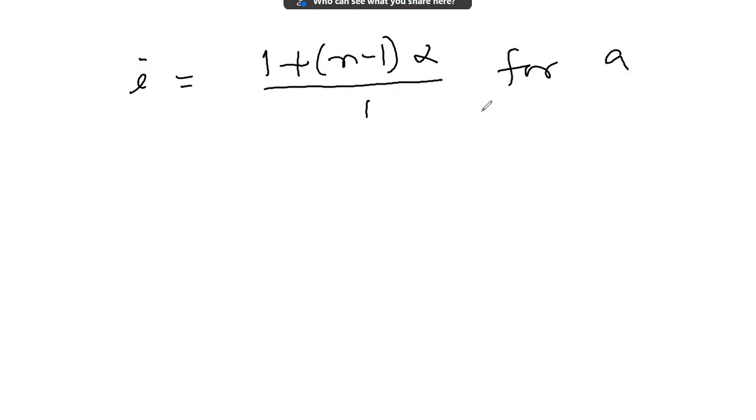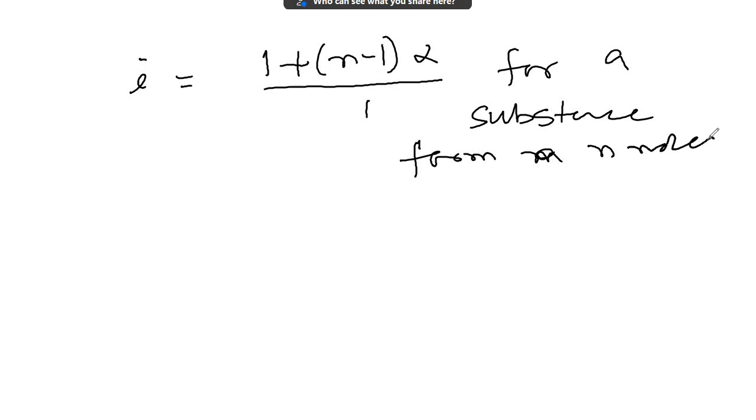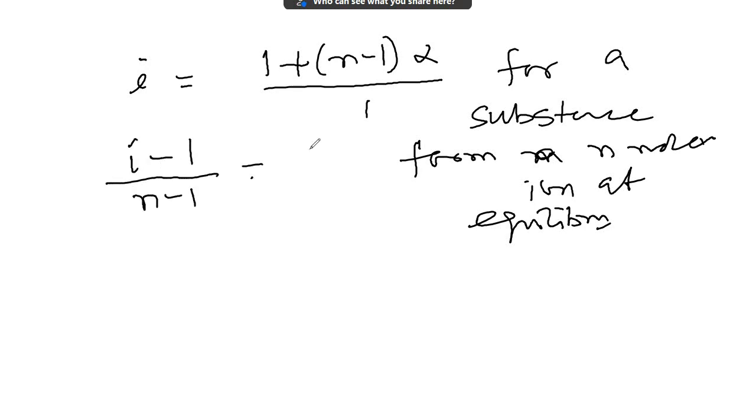If a substance breaks up into n number of mole ions, it will be 1 plus (n minus 1) into alpha by 1, for a substance broken into n mole ions at equilibrium. So the relationship between i and the degree of dissociation is (i minus 1) by (n minus 1) equal to alpha.